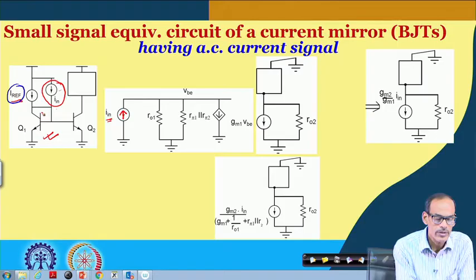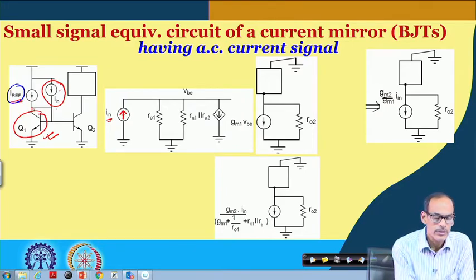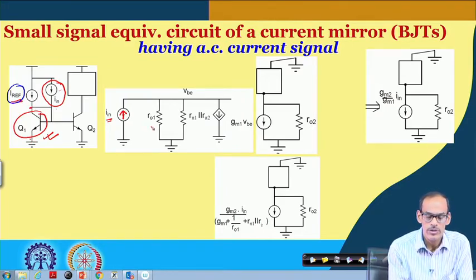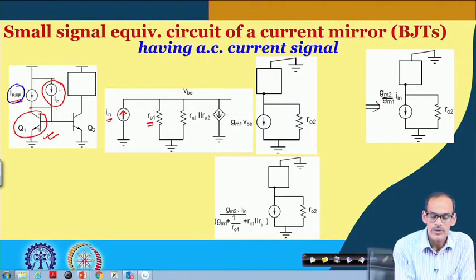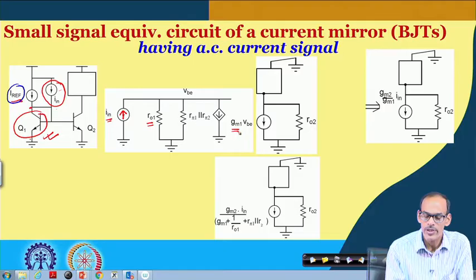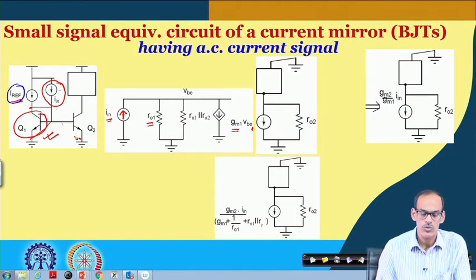And then we have the small signal model of Q1, which has the collector to emitter resistance, which is RO1, and then we have GM1 times VB1, and then we have R pi of transistor 1 along with R pi of transistor 2 in parallel.